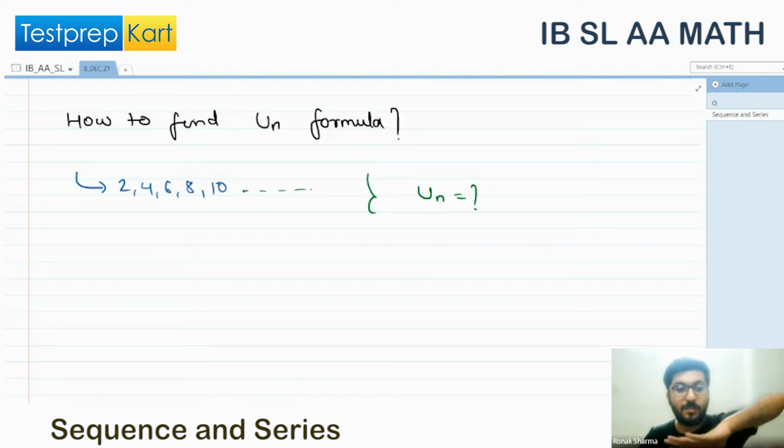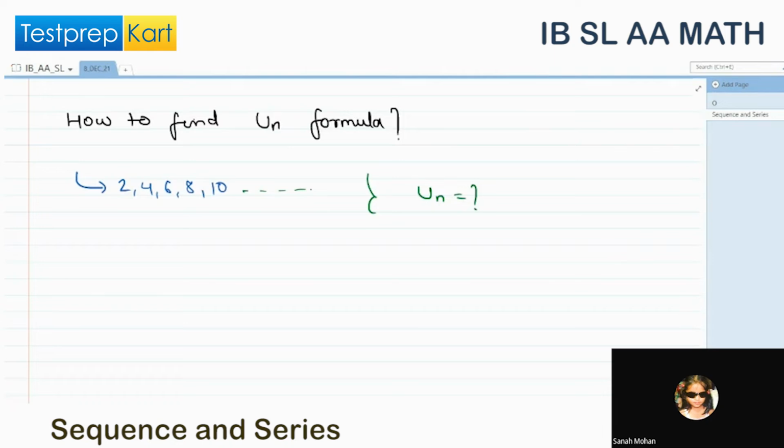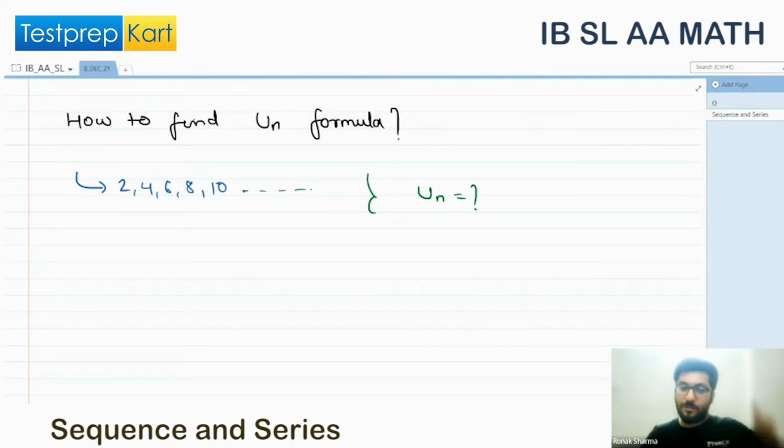Like if I'm asking you the 10th term, you'll put n equal to 10. That is the importance of UN. Firstly, we saw how to find the sequence if I give you the UN formula. Second, if I give you the UN formula and a sequence, then you should be able to find the values of A and B.